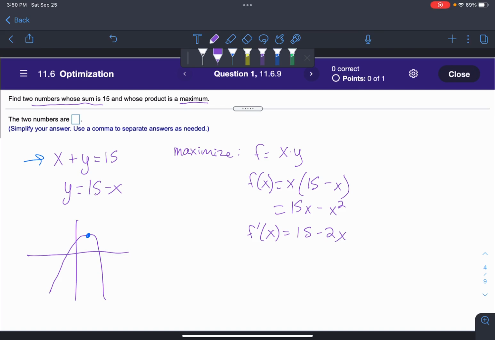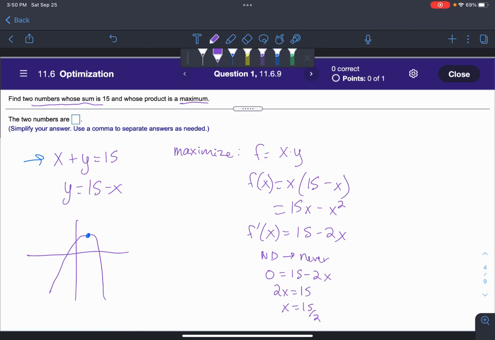And if you recall, critical points are where my derivative is not defined or when my derivative is 0. Because my derivative is a line, it will never be undefined. But my derivative can equal 0, and we can solve for that. So 2x equals 15, so x is equal to 15 over 2.